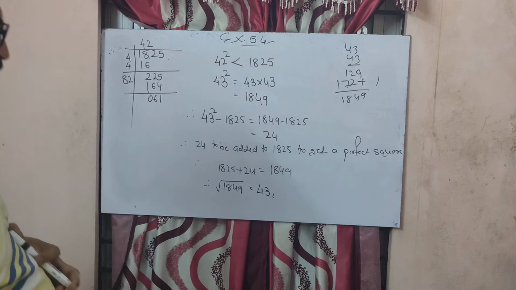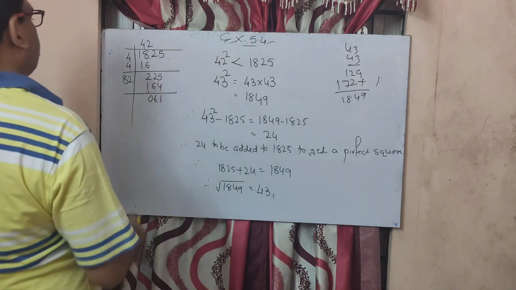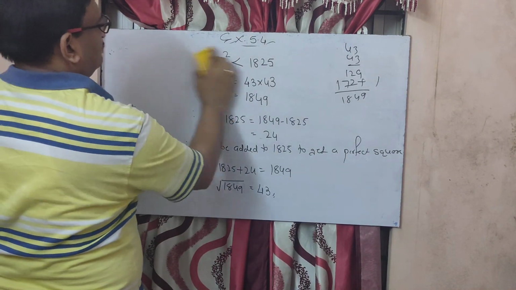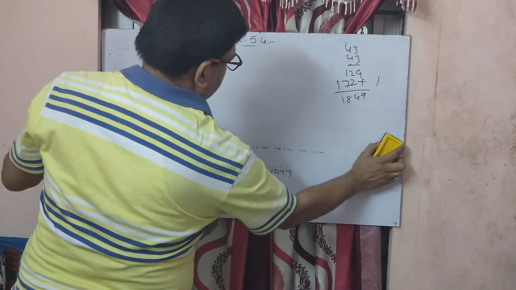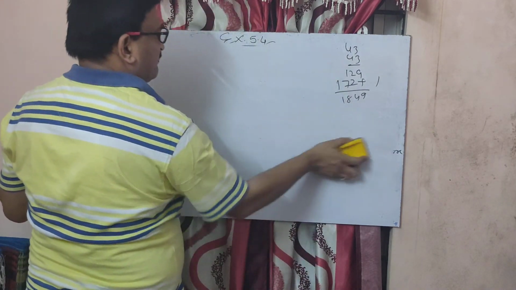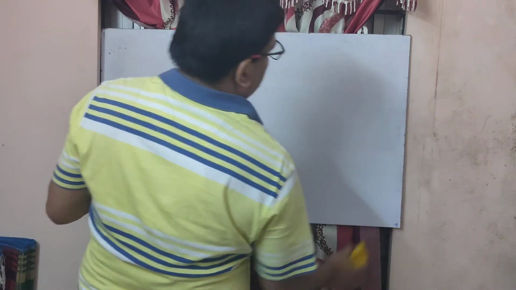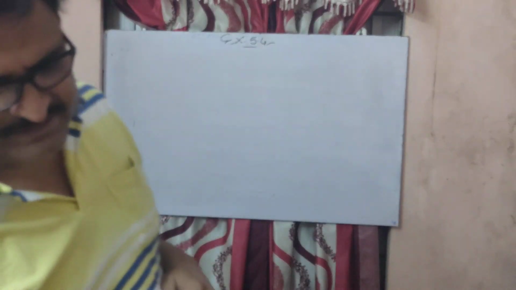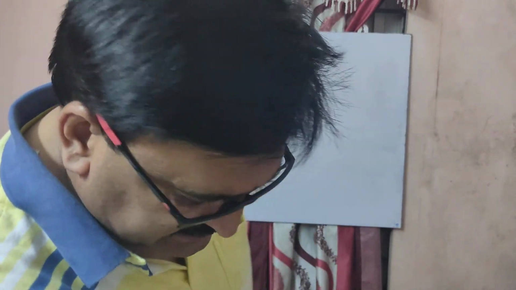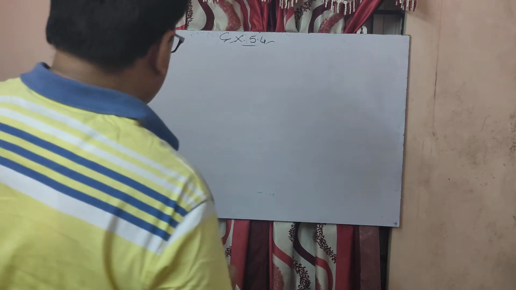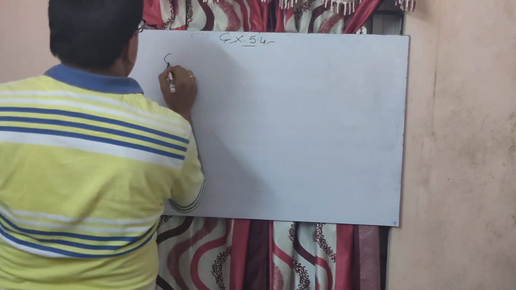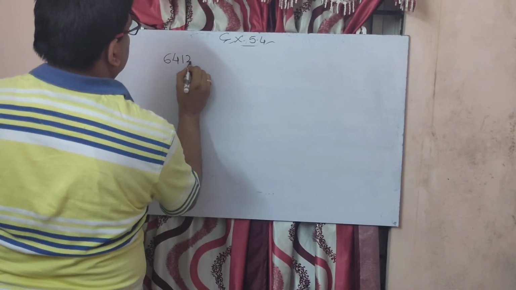Okay. Now the last example is there. You just need to remember how to do the division method. 6412. The last one is 6412.